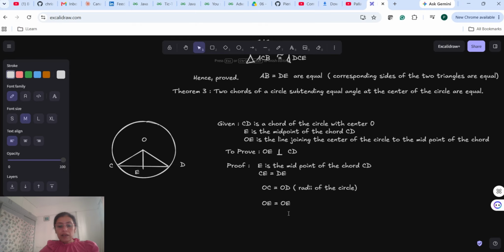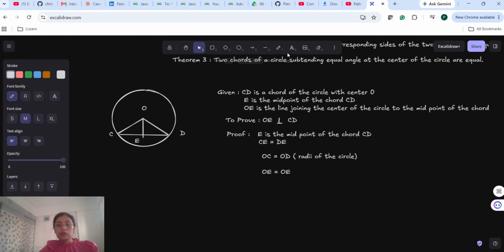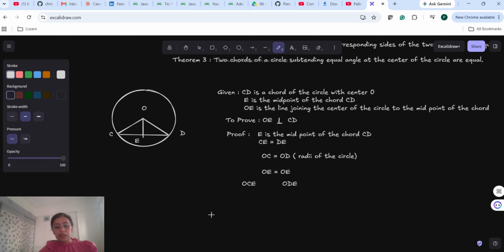So when we write these two triangles, OCE and ODE, we consider triangle OCE and triangle ODE. We see OC is equal to OD because they are the radius of the circle. We see CE is equal to DE because E is the midpoint of the chord. This is already given to us.